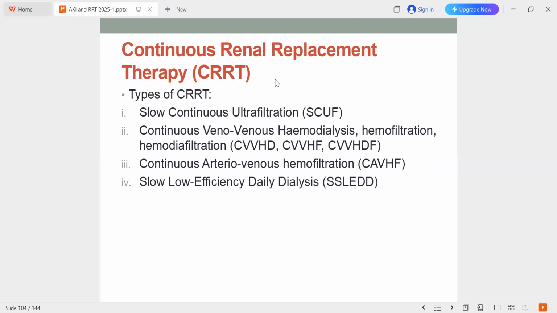We have the slow continuous ultrafiltration, the continuous venovenous hemodialysis, continuous venovenous hemofiltration, and continuous venovenous hemodiafiltration. Then we have the continuous arteriovenous hemofiltration and SLED, the slow low efficiency daily dialysis.